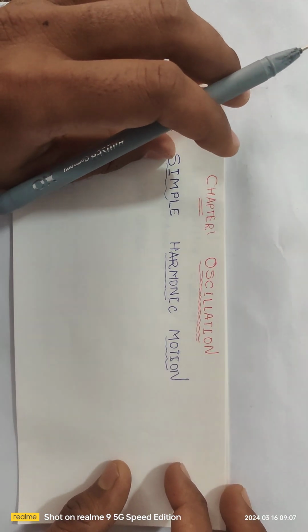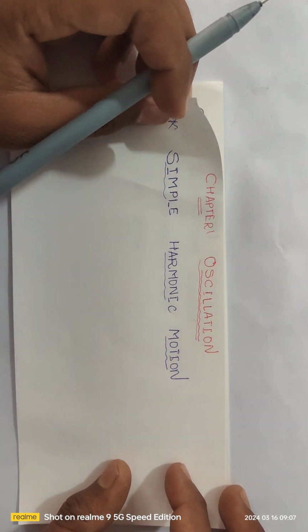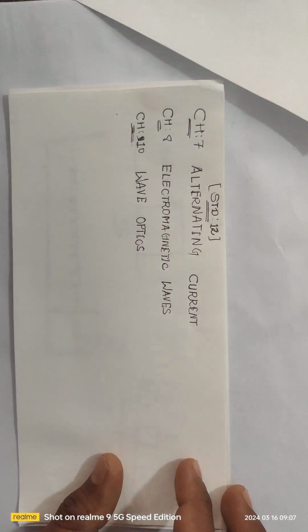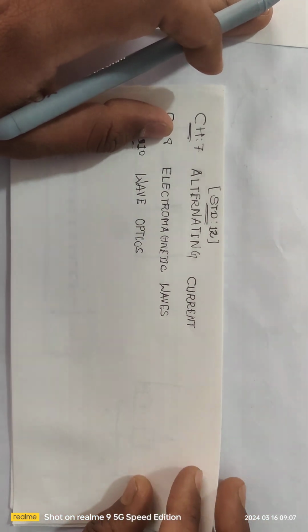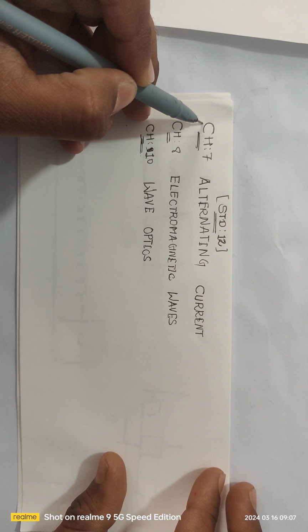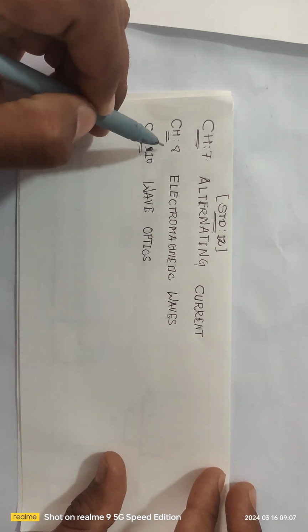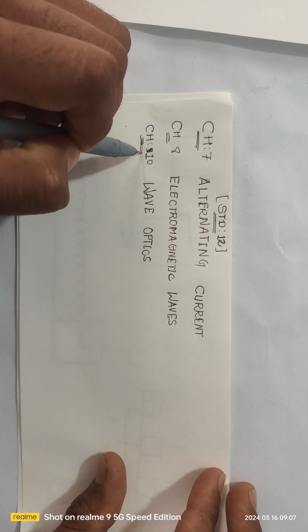First of all, I want to tell you that in 12 Science there are 3 very important chapters: Chapter 7, alternating current, then electromagnetic waves and wave optics.